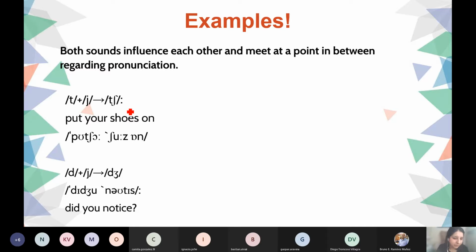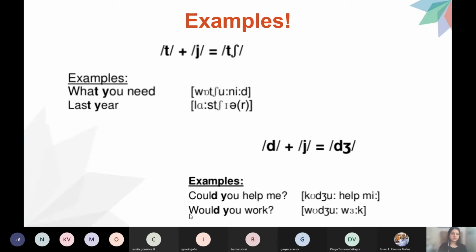Before we move on, remember that this is when we basically join these sounds together, and instead of having two different phonemes, now we only have one. The same happens with these ones. So we're going to see other examples. Instead of saying what you need, we say what you need.